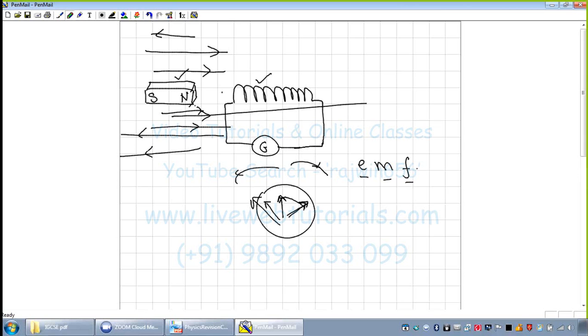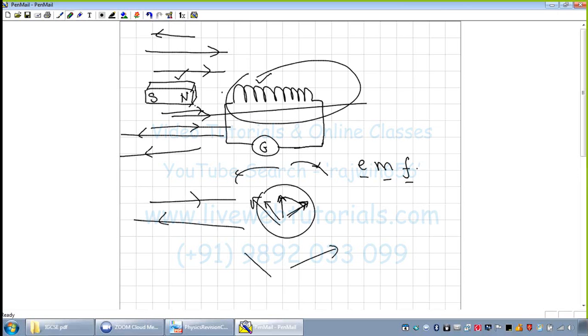Now when the magnet is moving, there is a closed coil, a closed circuit. A voltage is generated, which means a current is produced in it. When a magnet is moving in one particular direction, a current will be flowing in one direction. When the magnet moves in the opposite direction, the current starts flowing in the opposite direction.